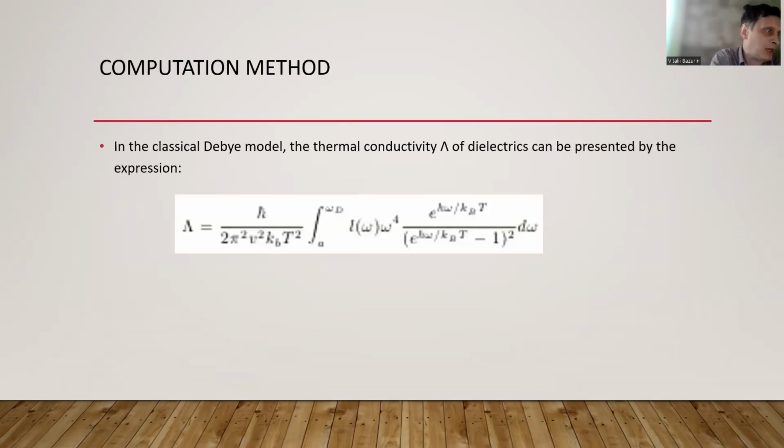Computational method. Dielectrics have several mechanisms that determine thermal conductivity and a number of processes that limit the effectiveness of each of the mechanisms. In the classical Debye model, the thermal conductivity of a dielectric can be presented by an expression.